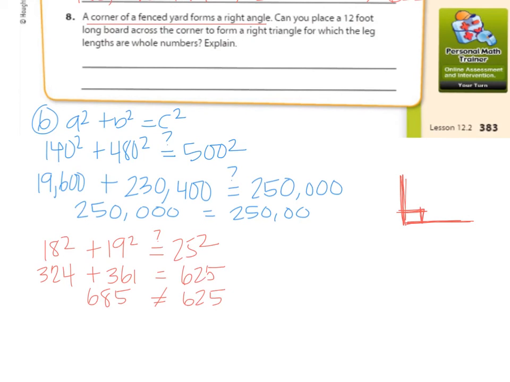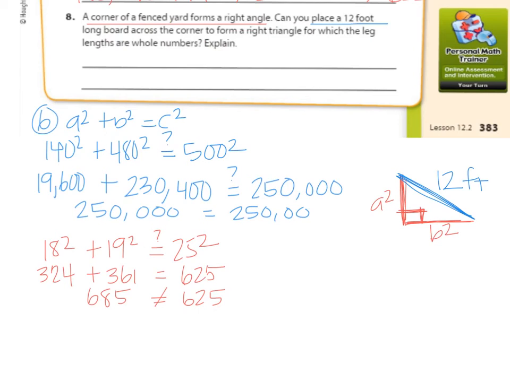And it wants to know if we can place a 12-foot long board across the corners right here. That would be 12 feet. Across the corners to form a right triangle for which the leg lengths are whole numbers. So it wants to know if a squared and b squared would be whole numbers if c, or the side length of c, is 12.